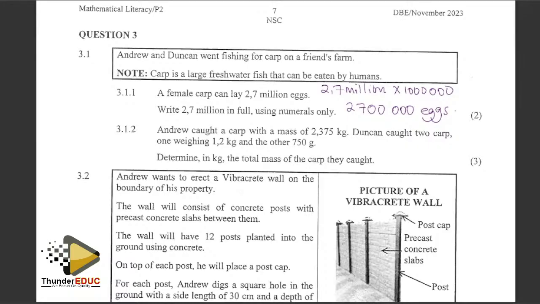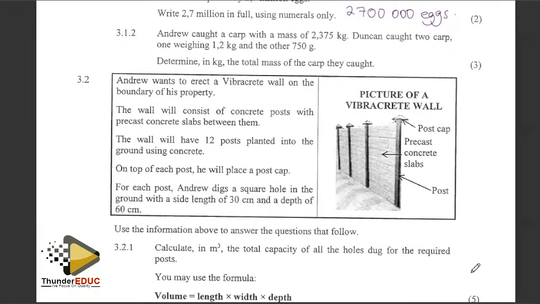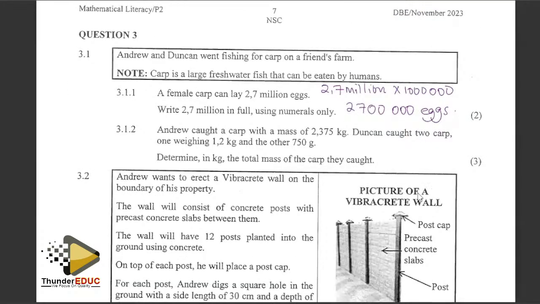All right, let's go on to 3.1.2. Andrew caught a catfish with a mass of 2.375 kg. Duncan caught 2 catfish, one weighing 1.2 kg and the other 750 grams. Determine in kg the total mass of the fish they caught. So all you do is add.